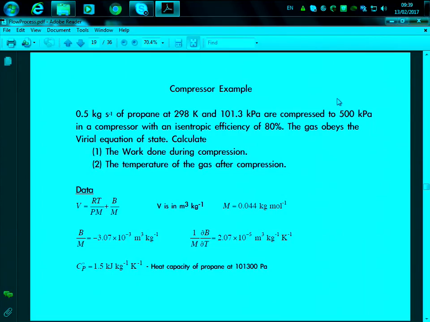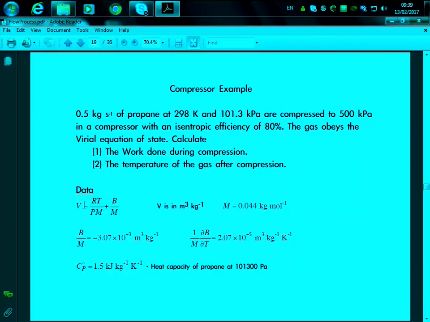This goes back a little bit to when we were looking at changes in entropy and enthalpy, and at the virial equation of state and how the volume is expressed with this type of approximation. Okay, so this is the same approximation as the ideal gas law that correlates volume, temperature, and pressure.